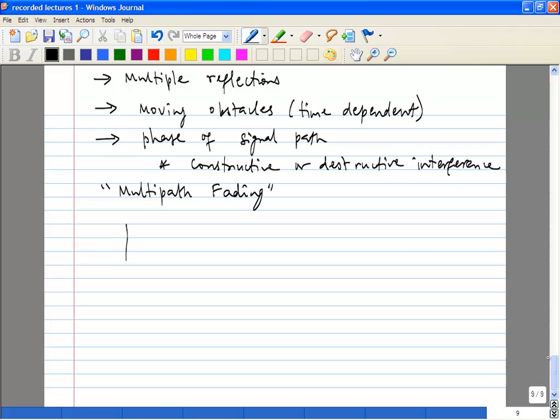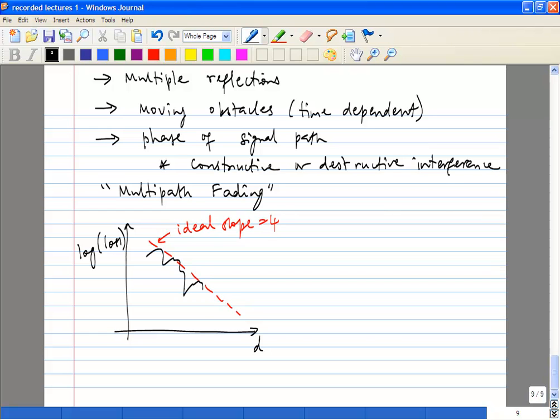If you look at the log of your power loss versus the distance, you have a certain ideal slope of 4, but your real signal could do something like this.